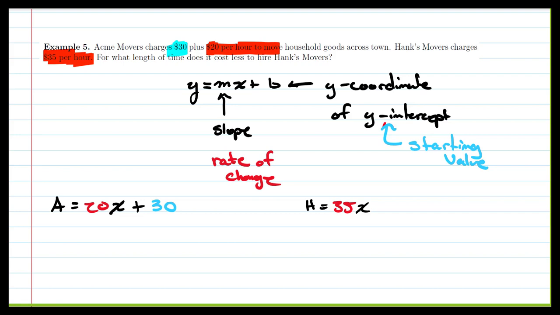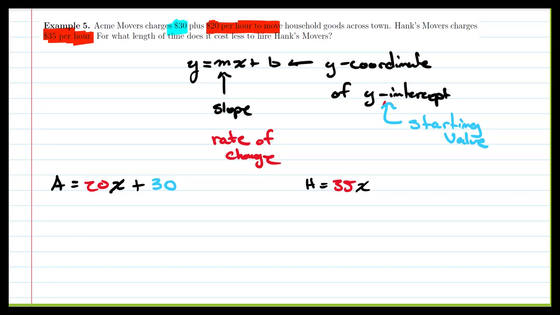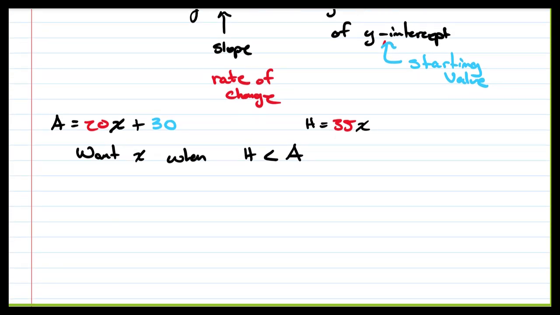The question we wish to answer then is, for what length of time does it cost less to hire Hank's Movers? So what we want is x when h is less than a. Well, our h is 35x, and we want to know when is that less than a? And a is 20x plus 30.